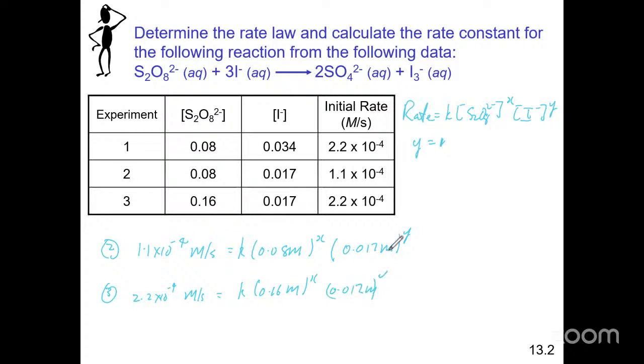All right? This will cancel out with that. The K's will cancel out. The M's will cancel out. This will cancel out. This will cancel out. So you'll be left with 1.1 divided by 2.2. Erase this here to avoid confusion.